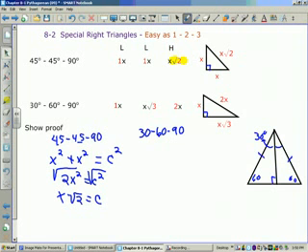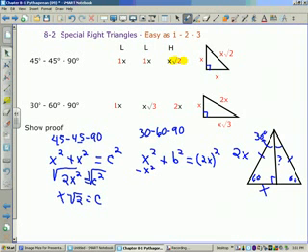60, and this is our right triangle. And if I call this length x from here to here, then this would be double it. That's just our common sense here. So let's put this in the Pythagorean theorem, and this is the one I don't know. So I have x squared plus the one I don't know, I'll call it b squared, equals 2x squared. And I'm going to subtract x squared from both sides.